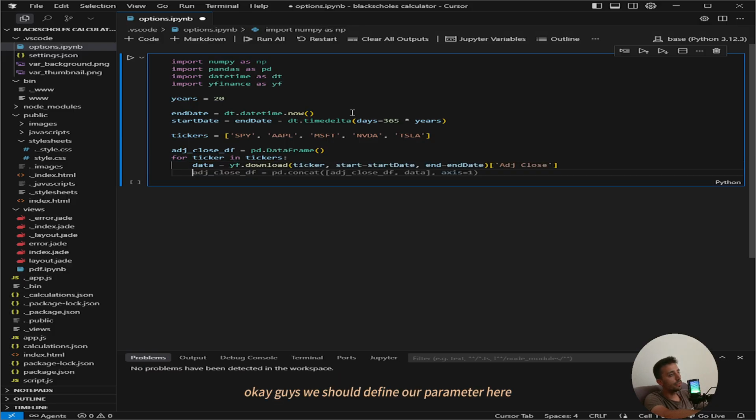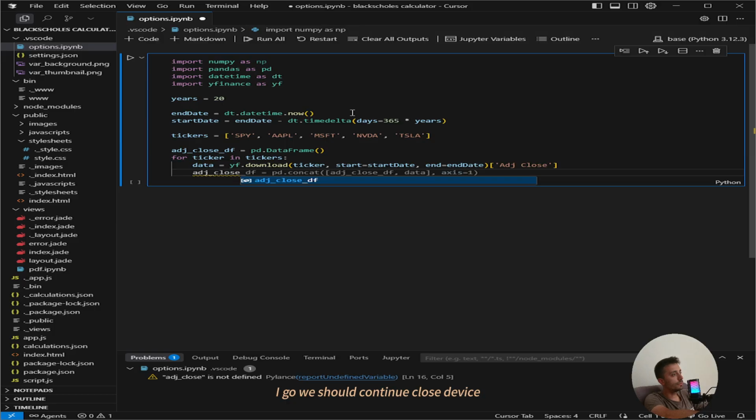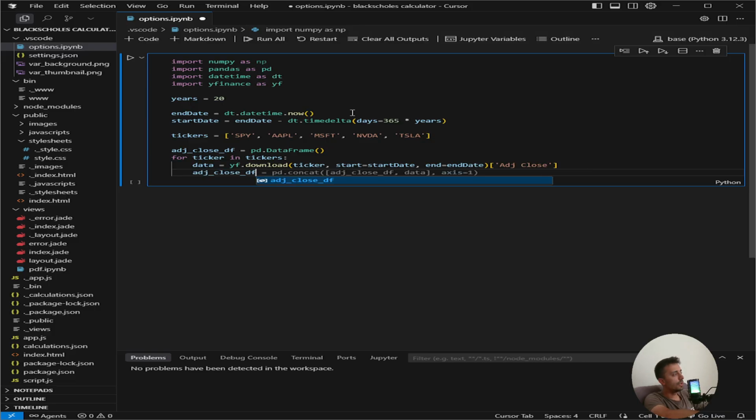Okay, guys, we should define our parameters here. We already defined our parameters: ticker, start date and end date, and data equals yf download ticker, start date and end date via adjusted close.